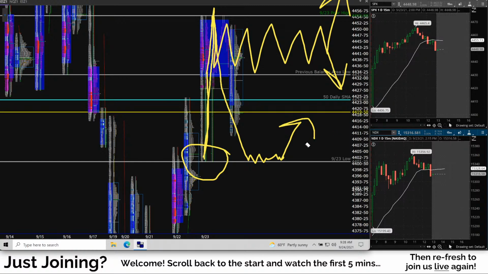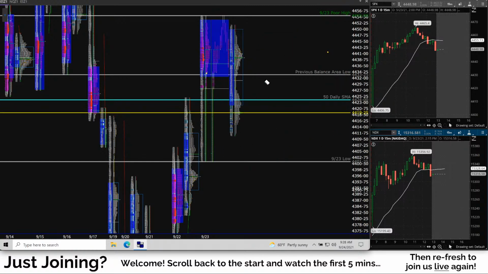So the high from 2 days ago, from the 22nd, is going to be my first focus to the downside. If the market trades lower, does it find support in here? If it does, that would be a good long trade to the upside. And then I would look for resistance at the daily 50 simple moving average, which is at about 24. Right now, that's the first potential resistance to the upside.